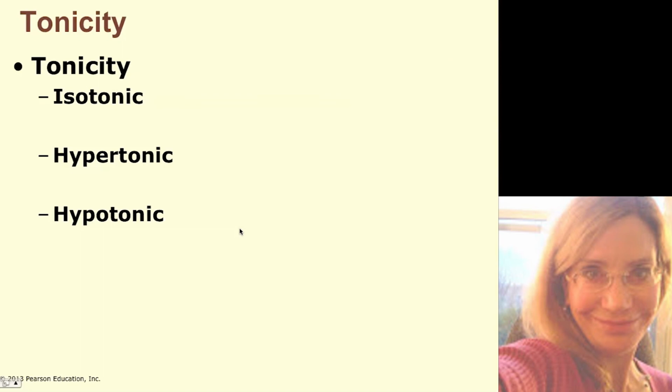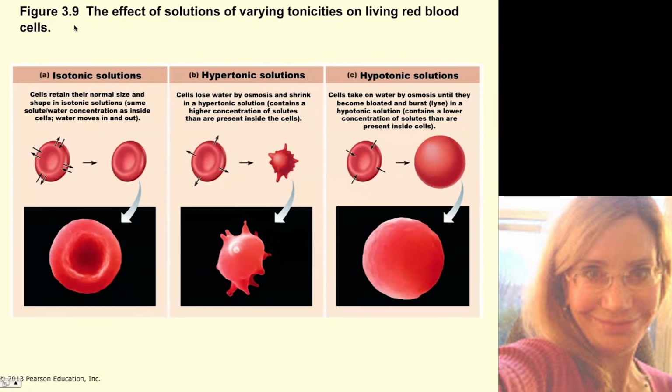There's a few terms here that are associated with osmosis, and it's called tonicity. Isotonic, and we're going to show these in the next figure, isotonic, hypertonic, and hypotonic. So here is figure 3.9, and it's the effect of solutions of varying tonicities on living red blood cells.